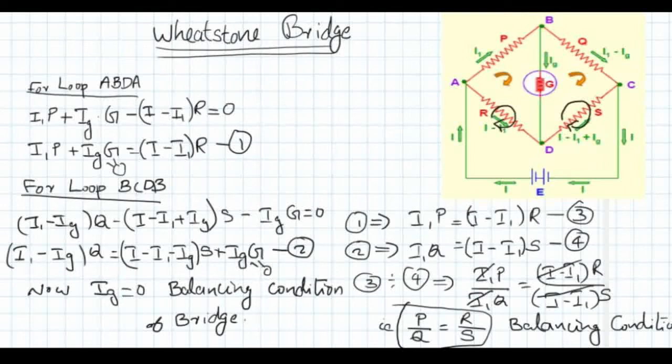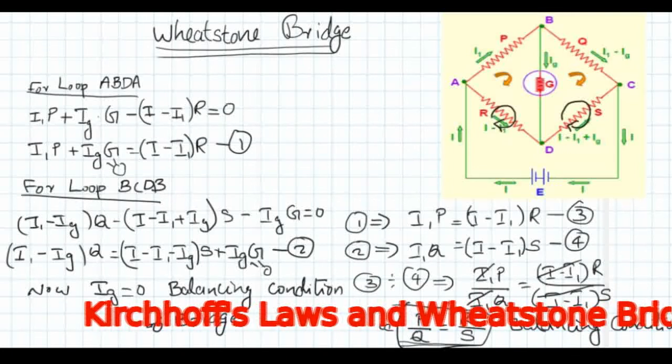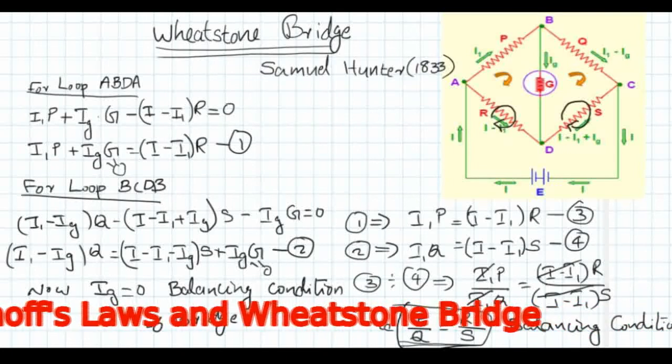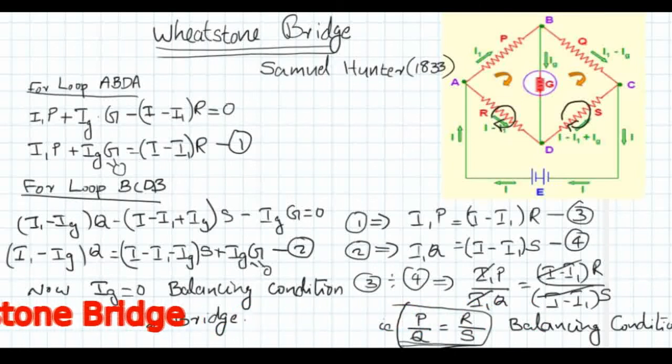The logic is, to make the galvanometer current 0, P by Q equal to R by S should be attained. So it is called the balancing condition of the bridge.